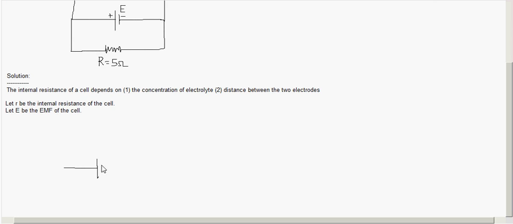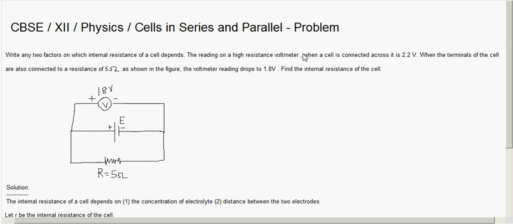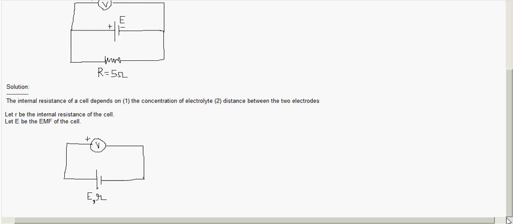We have E and internal resistance r. It is not connected to any other circuit but only the high resistance voltmeter. And the voltmeter reads 2.2 volt.